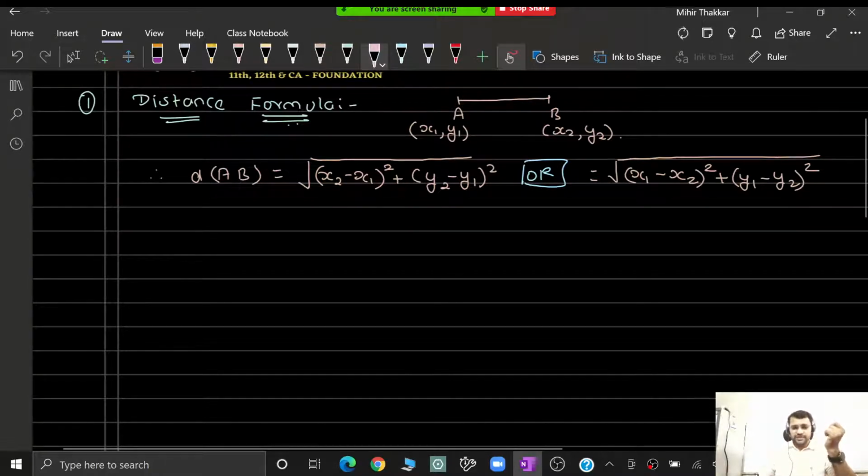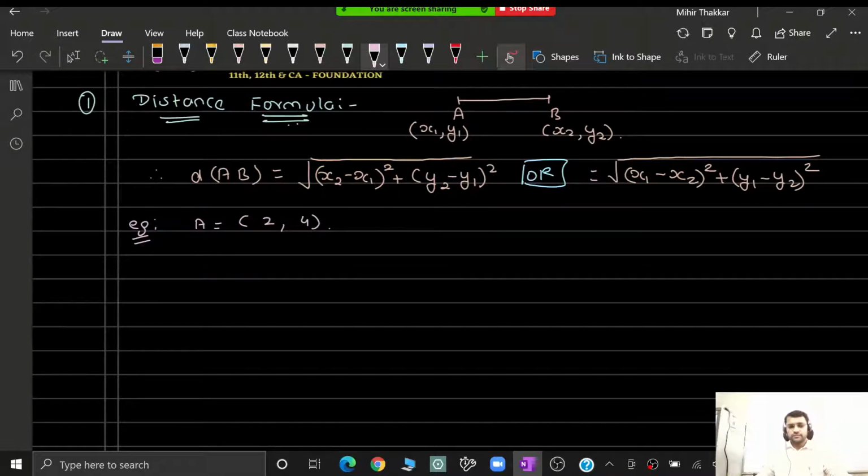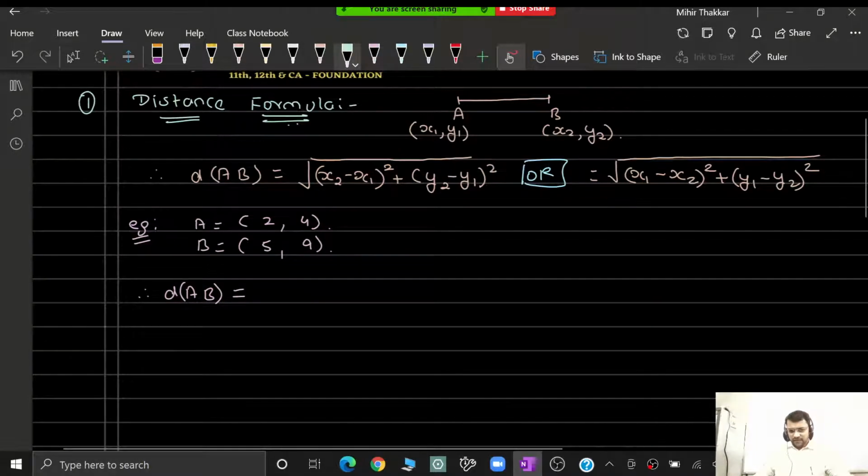Let me take a very easy example for this. If you have point A with coordinates (2, 4), point B with coordinates, let us say, (5, 9). So in this case, distance AB is equal to, I assume that A coordinates are (x1, y1) and B coordinates are (x2, y2).